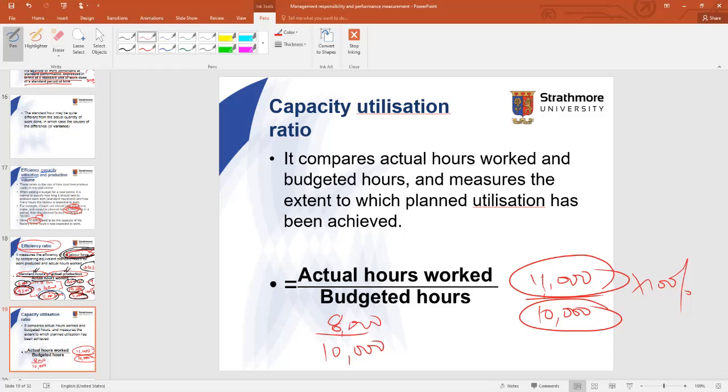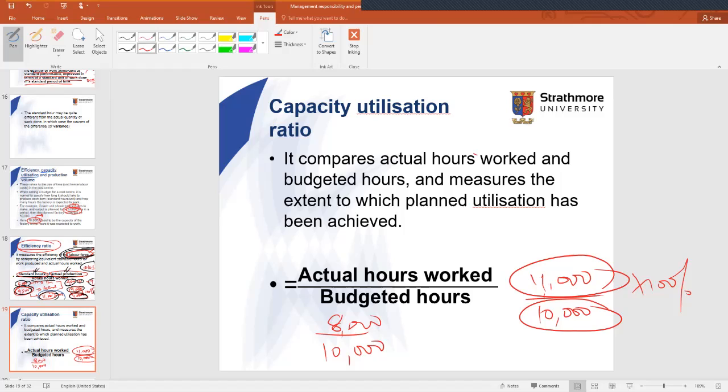Therefore, capacity utilization is comparing what I am able to do, 10,000, against what you actually do, what the actual output was, the actual hours used. You used 11,000 hours, good or bad? That's something good, because you went overboard on your capacity utilization.